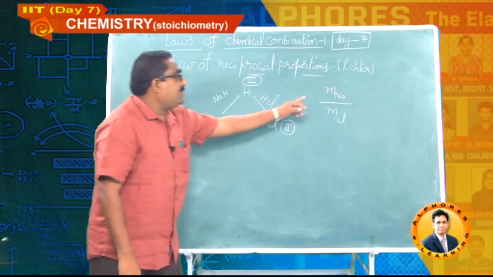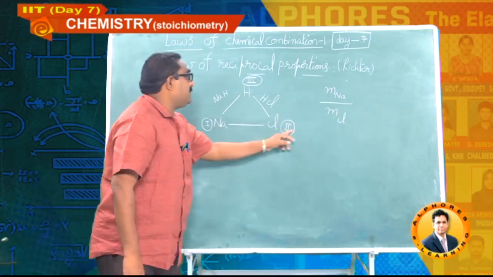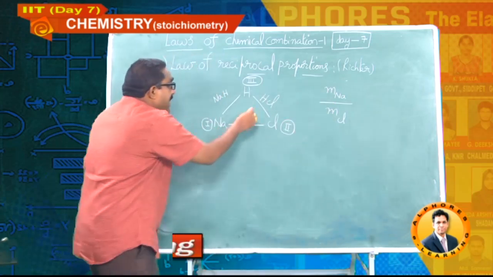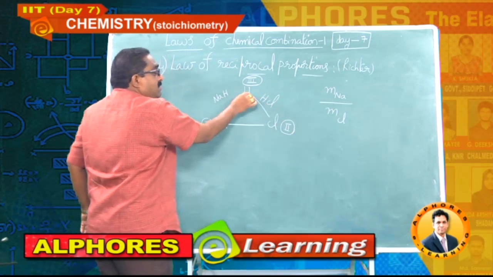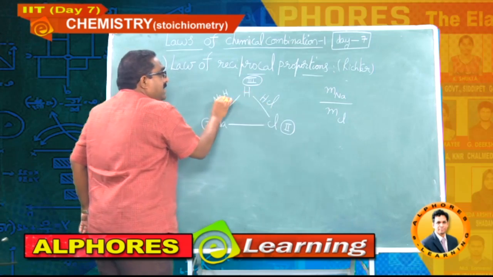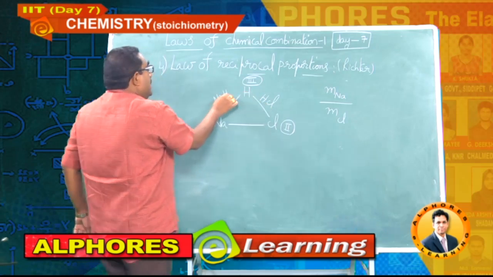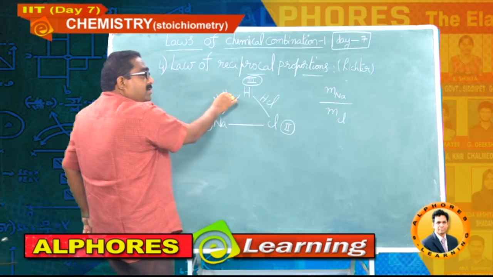The mass ratio of first two elements that combined with fixed mass of third element. See here, sodium is also combining with hydrogen 1 gram.